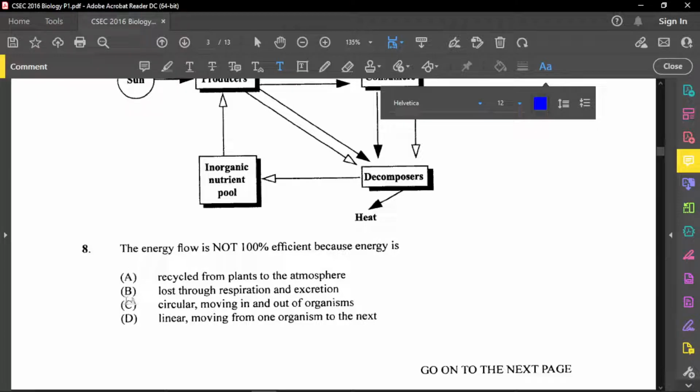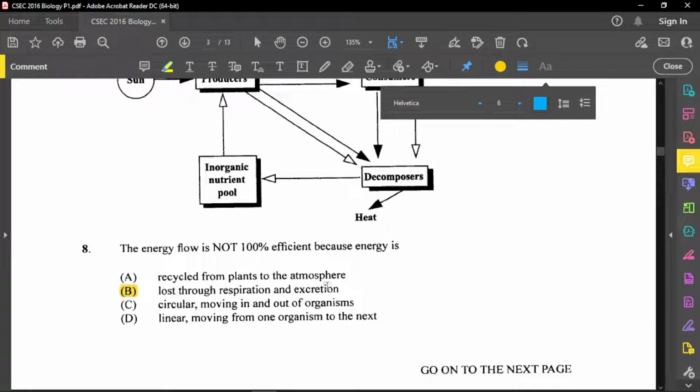Again, organisms will use energy for respiration, which means they produce energy for their own life functions. Okay, I need to get my light right there. All right, cool. Let me take this. I don't know what's going on. Okay, I see exactly what's going on. All right, good now. So B is the answer.